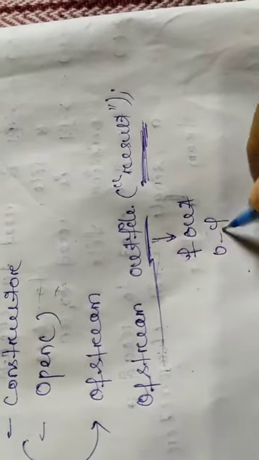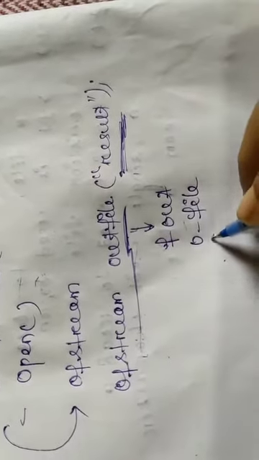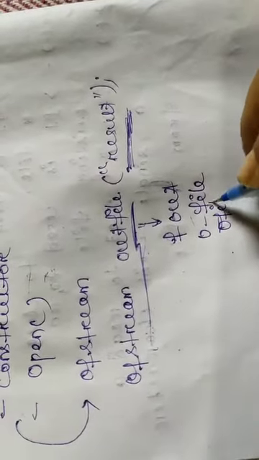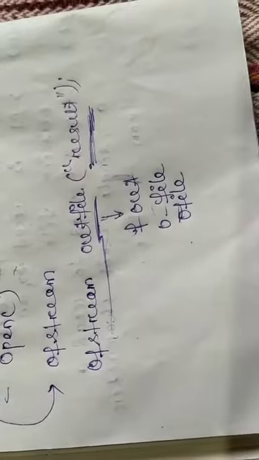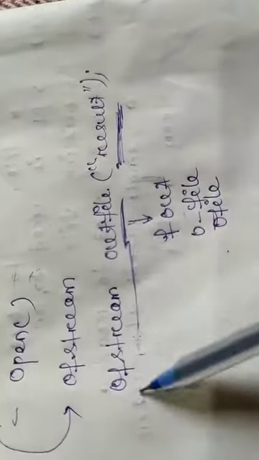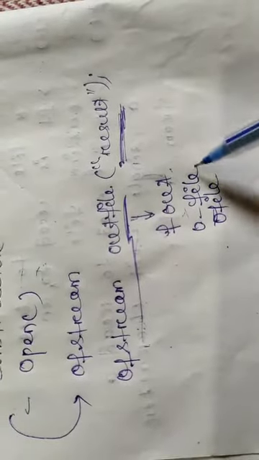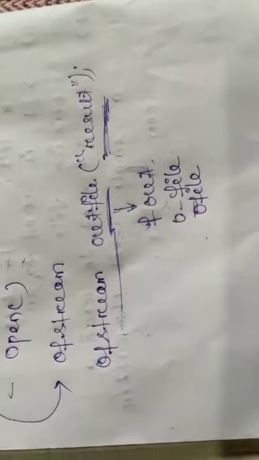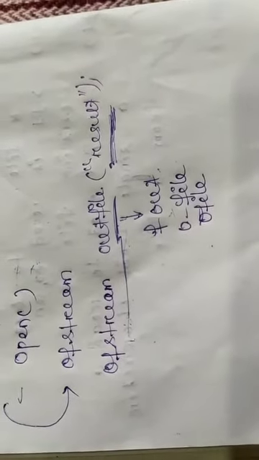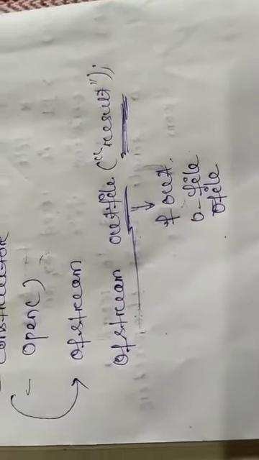Another one is ofile. Then for ifstream, fin or ifile, like this. So there are some specific object names you write for these types of classes.